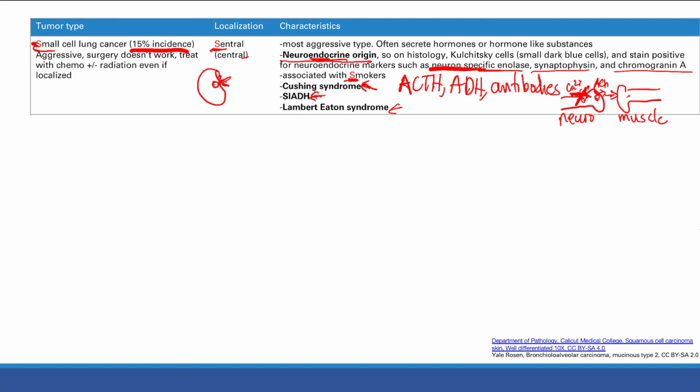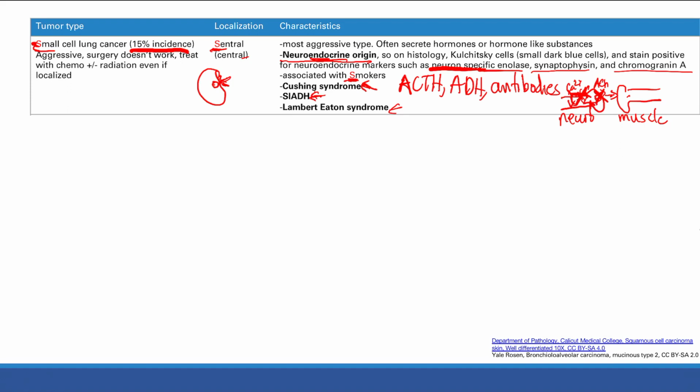Calcium doesn't enter, acetylcholine does not get released, and you don't get muscle contraction. Do you remember why Lambert-Eaton gets better with repetition? With more repetition, eventually calcium will be able to come through, and then once the calcium is in, the rest of the neuromuscular junction can work, and you get acetylcholine release and muscle movement.